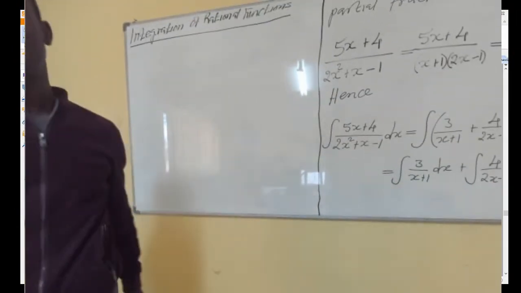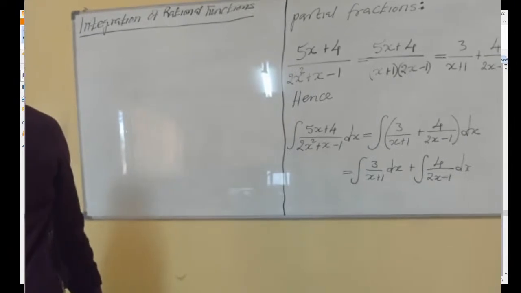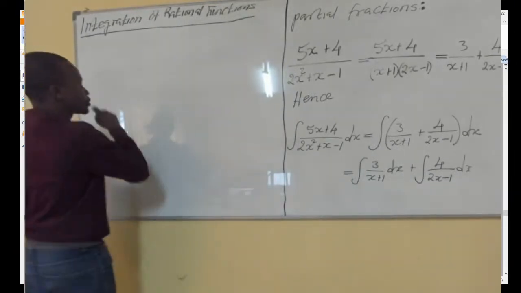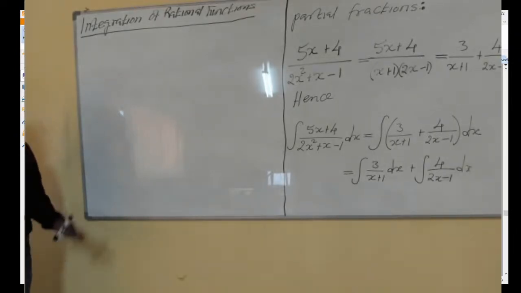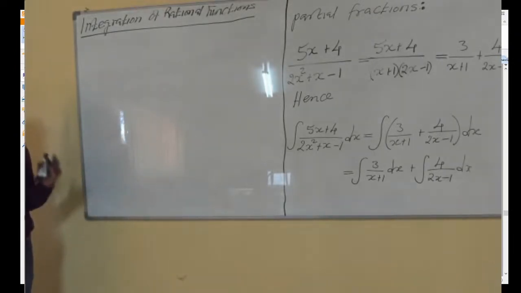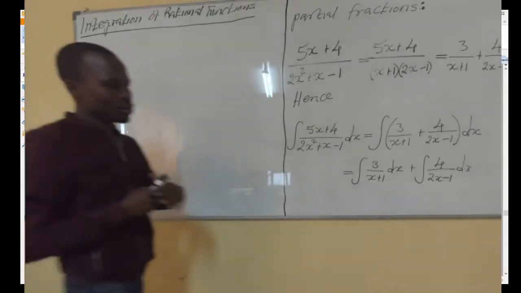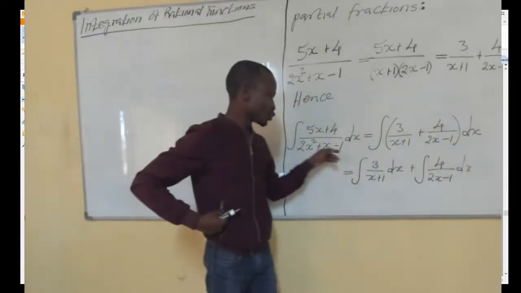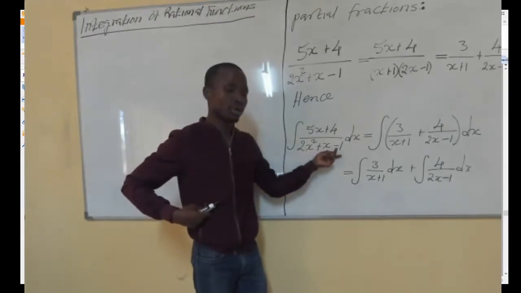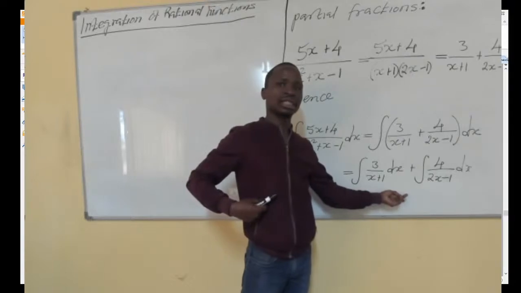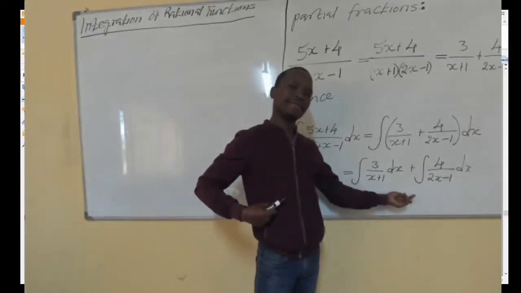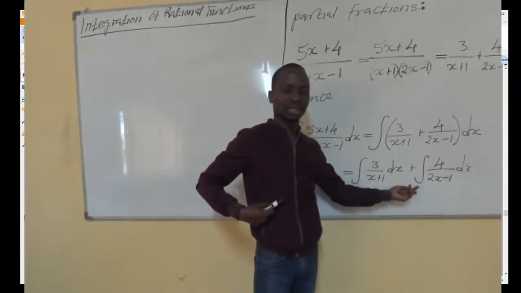Okay, now let's look at the final part. When you look at what we have arrived at, at first you were unable to integrate using the substitution method, but now you can integrate using the substitution method if you want, or if you don't want, that's not a big deal.